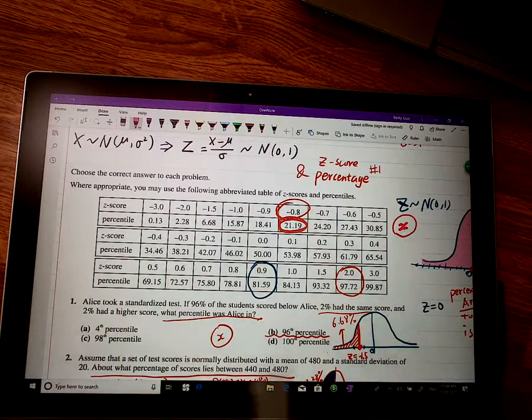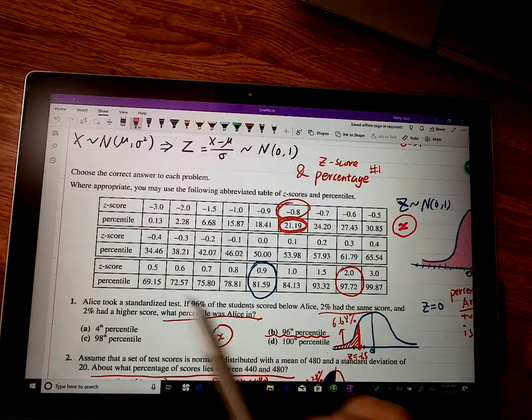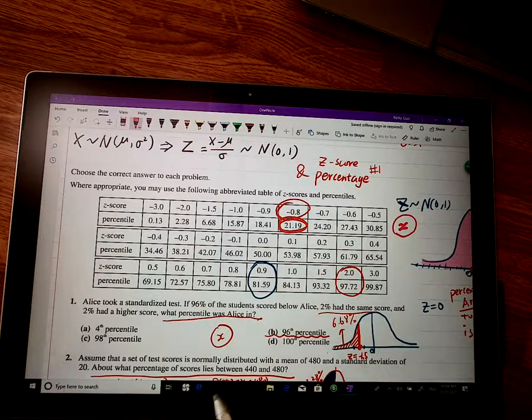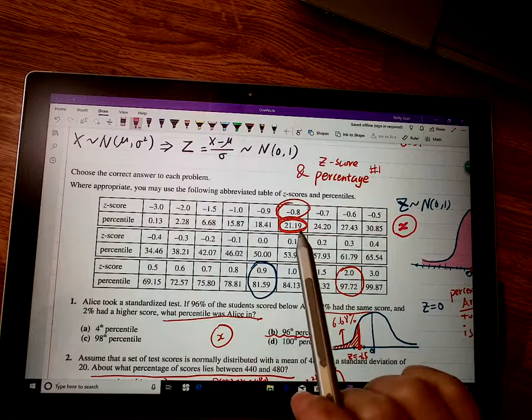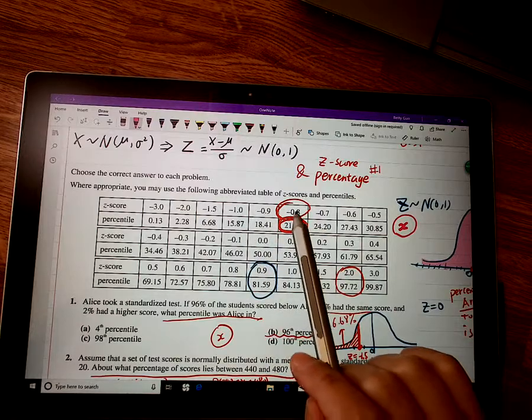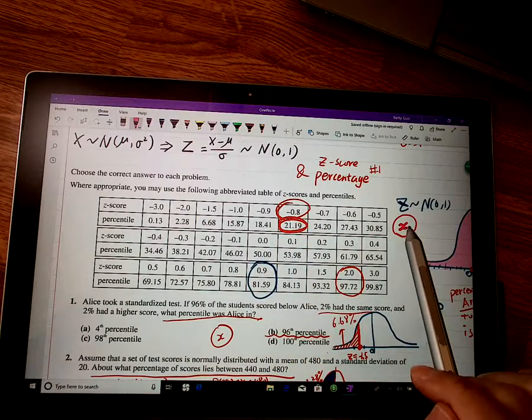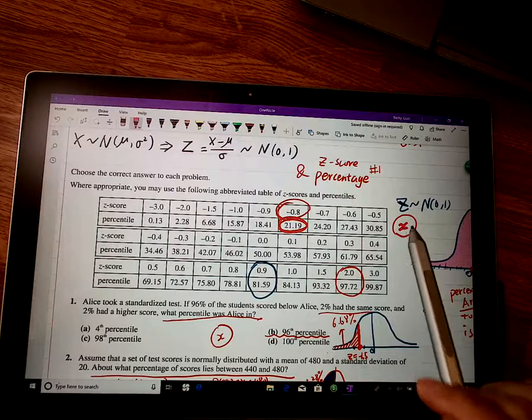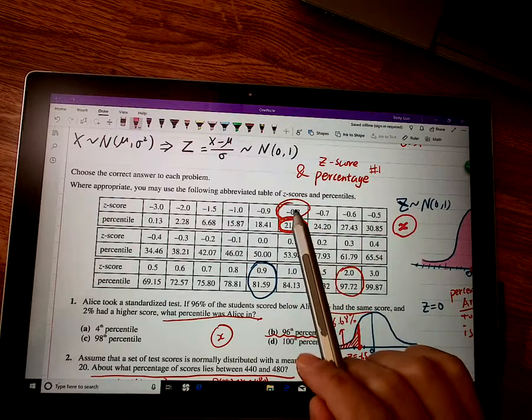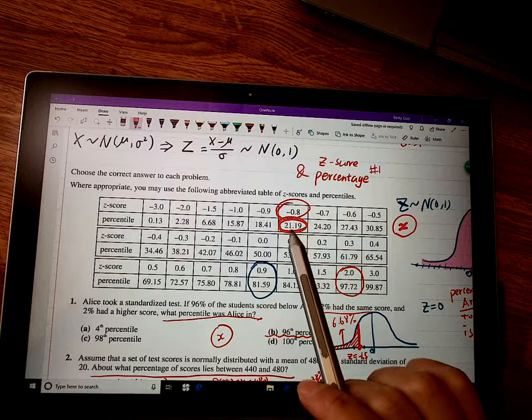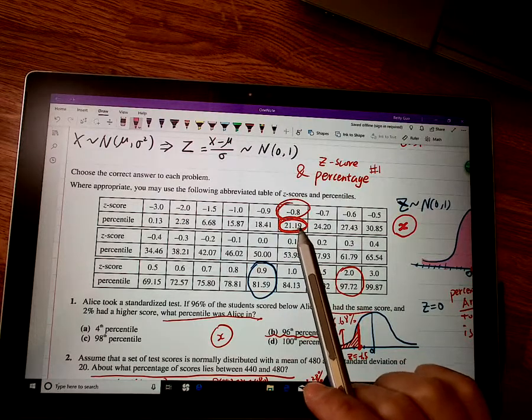Okay? Of course, this table is only for normal distribution, not applied to other distributions. This table only applies to normal distribution. What does that mean? For example, if the z-score of your value x is -0.8, from the table we know the corresponding percentile is 21.19.